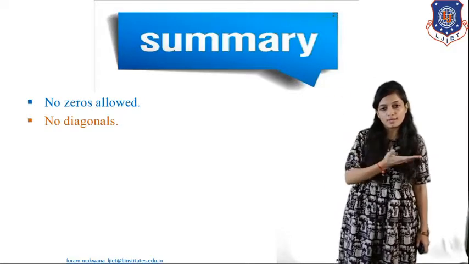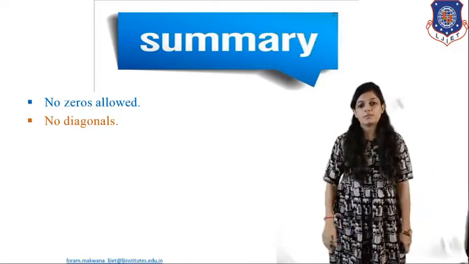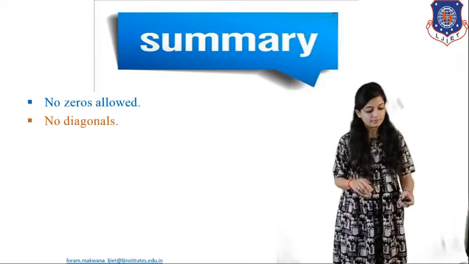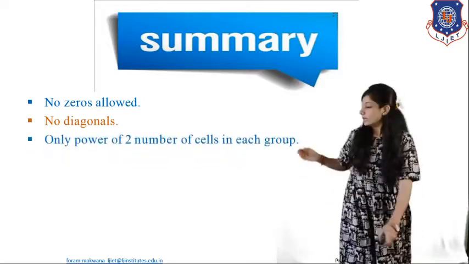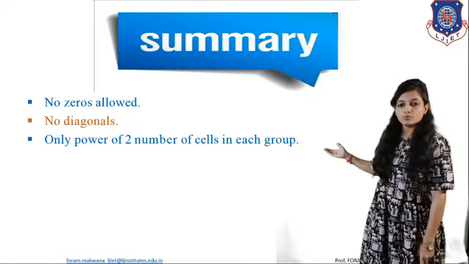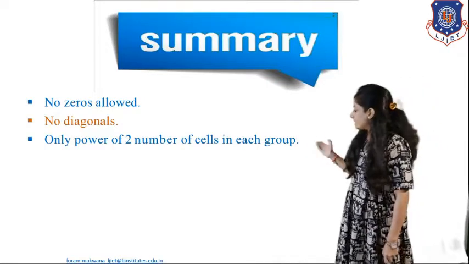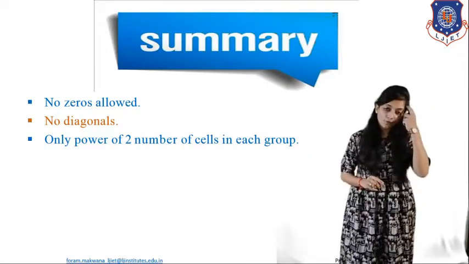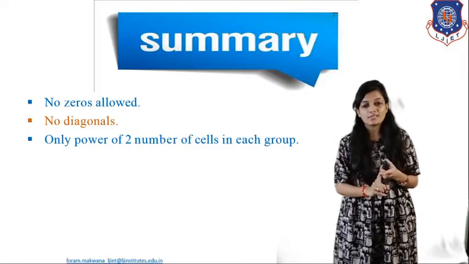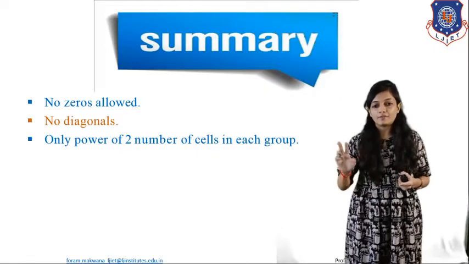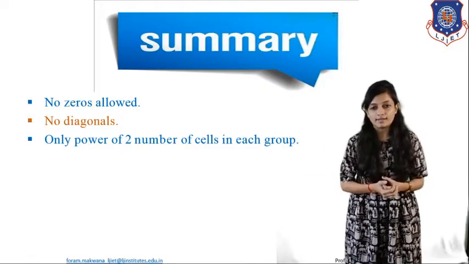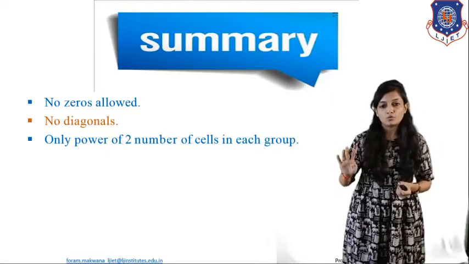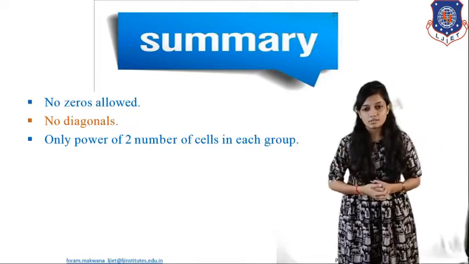We can't make a group diagonally because it violates the second rule. Third, only powers of 2 should be present in each group. We can't make a group of 5, 3, 7 ones like that. It can be either 2, 4, 8, 16.